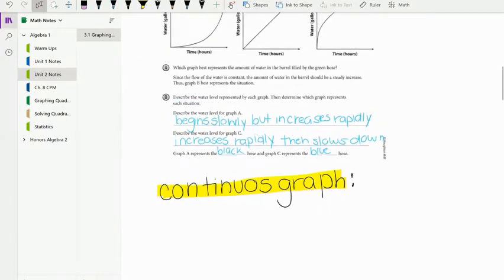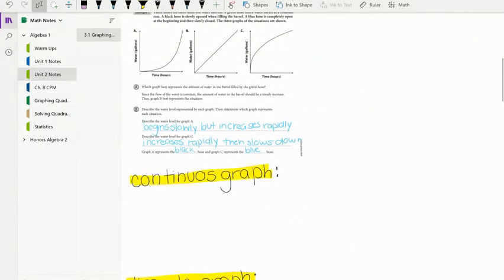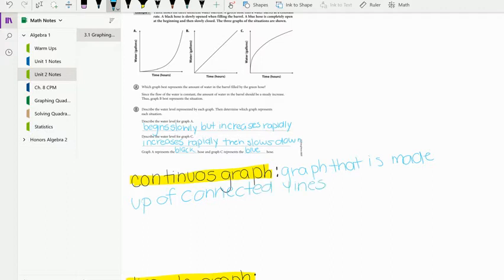All right, so we're going to take some notes now on a couple of terms that you're going to need to know. So the first one is a continuous graph. So a continuous graph is just a graph that is made up of connected lines or curves. So in other words, you don't have to lift your pen to create it.